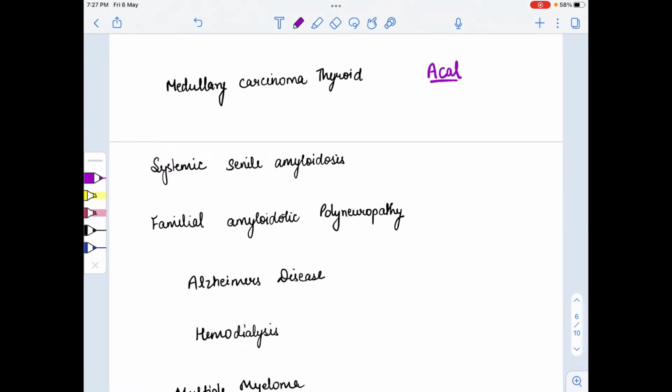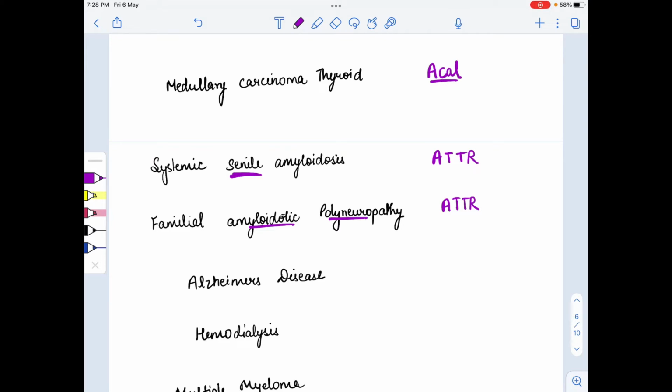Another one is systemic senile amyloidosis. Senile means aged person, so it occurs in the aged. For this, and for familial amyloidotic polyneuropathy, we have ATTR type. But in one we have increased ATTR and in the other we have mutant ATTR.